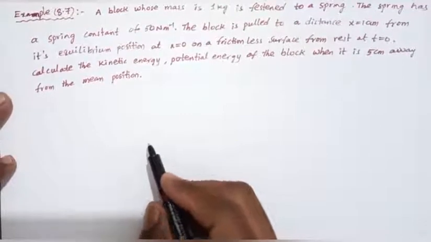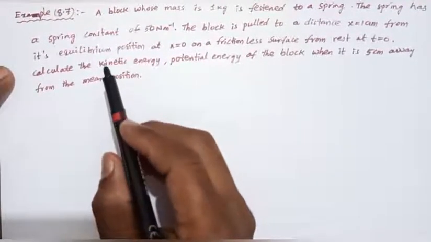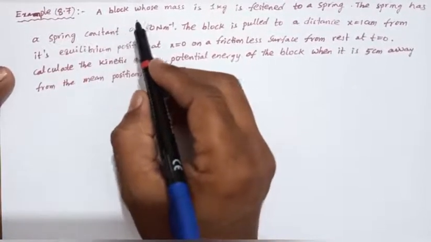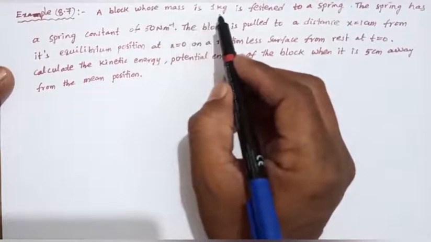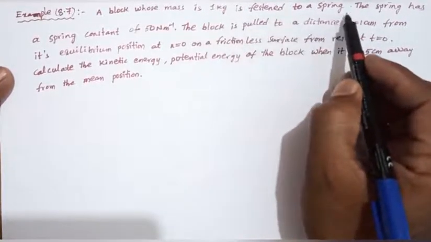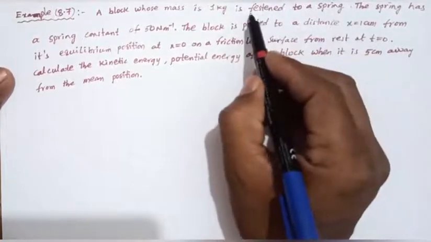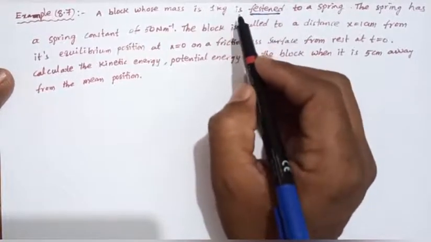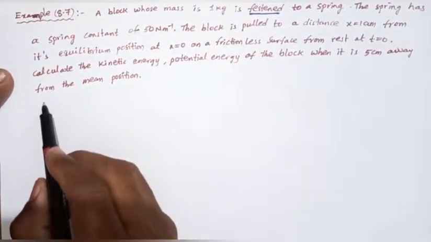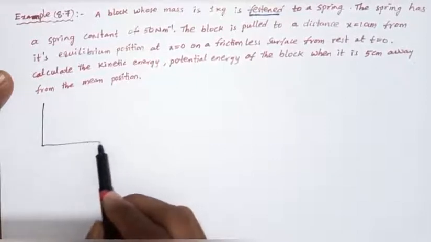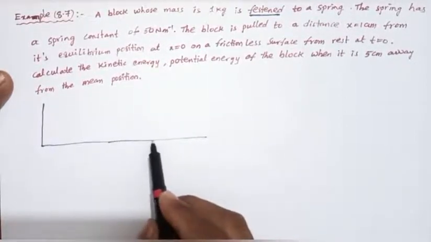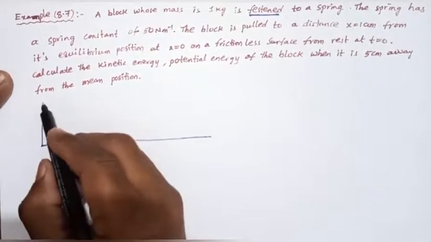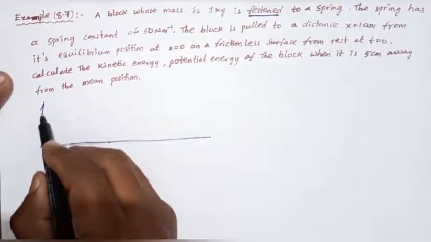Okay, listen. Today we are discussing example number 8.7. A block whose mass is 1 kilogram is fastened to a spring. Fastened means it is fixed to a spring. For example, this is a frictionless surface, and this is a rigid wall.